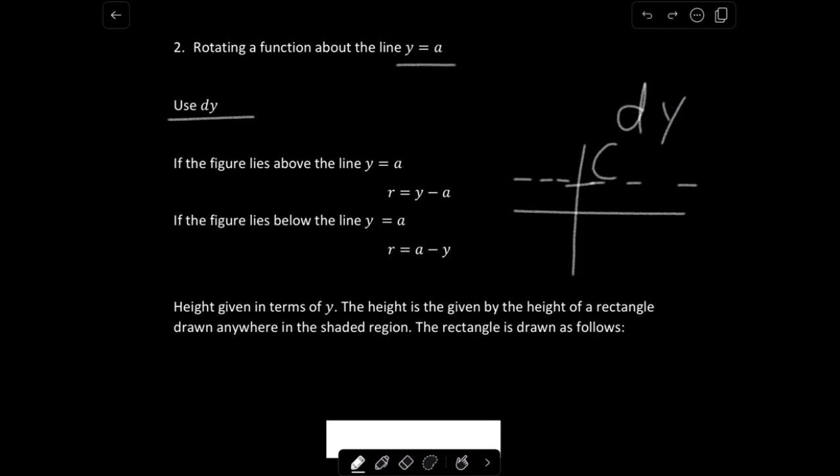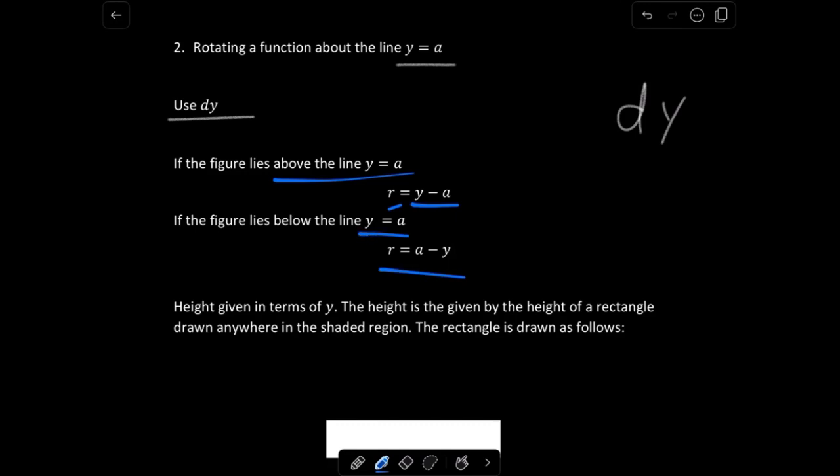It's either going to lie above or below the line. That's why we have above and below and not left and right, like when we were doing x is equal to something. So if the figure lies above the line y is equal to a, you're going to set your r, your radius basically, to be equal to y minus a. If the figure lies below the line y is equal to a, you'll set r equal to a minus y.